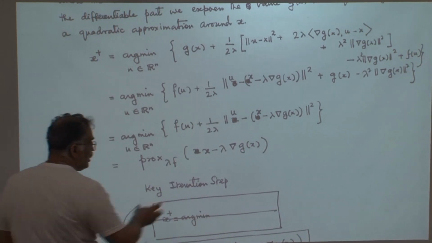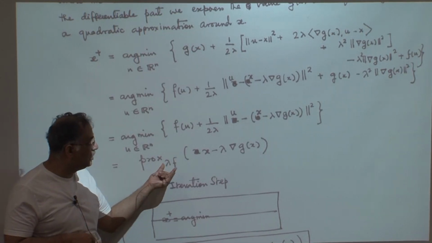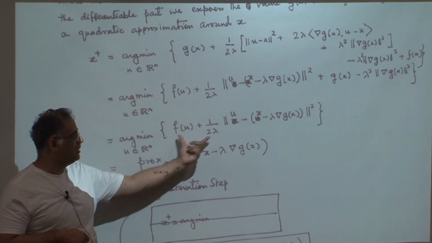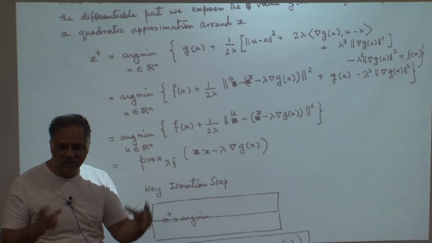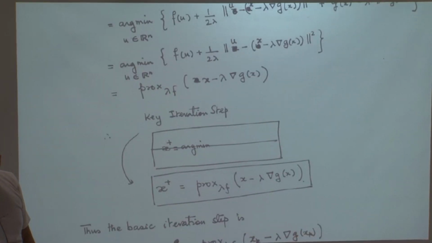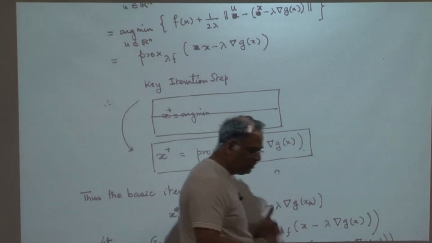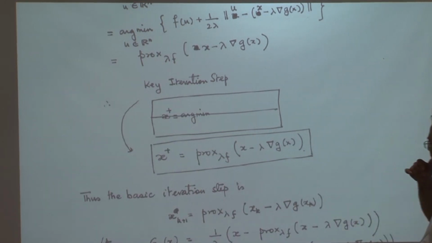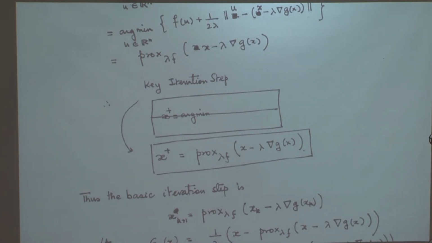You must ask where f vanished here. No, it did not vanish, f is hidden here. Because this is what you have to do at the end, which we have very cleverly written like this, because it looks nice and compact. So this is the key iteration step basically. This is the algorithmic structure of the proximal gradient algorithm.